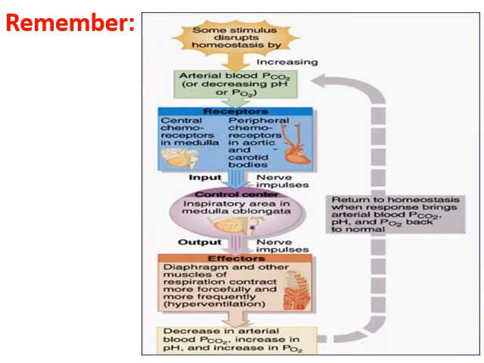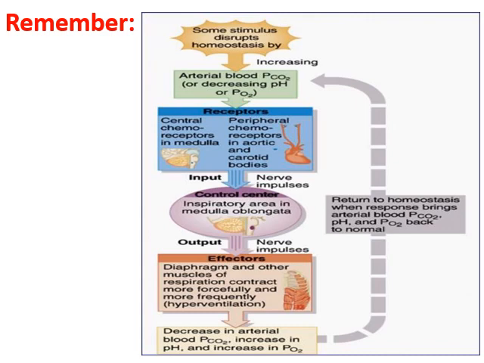To summarize the chemical regulation of respiration, if there is a stimulus that disturbs homeostasis, leading to an increase in the partial pressure of carbon dioxide, an increase in the hydrogen ion concentration, or a decrease in the partial pressure of oxygen, these are the stimuli that can be detected by the central and peripheral chemoreceptors. These receptors will send the information to the respiratory center in the medulla.